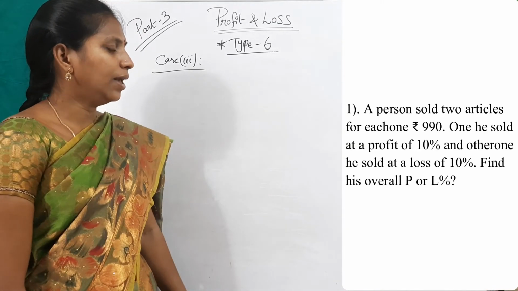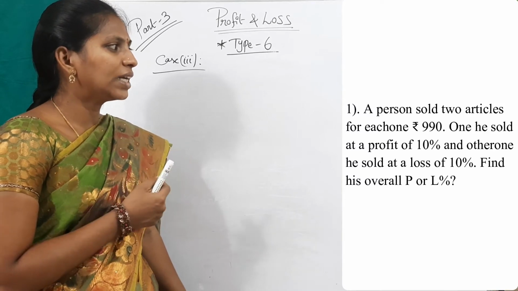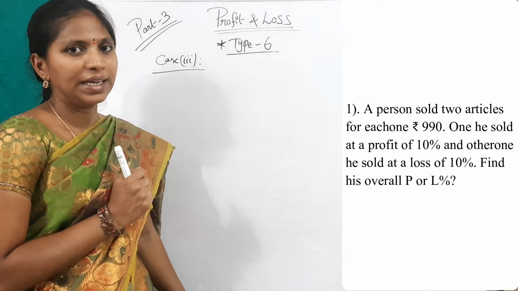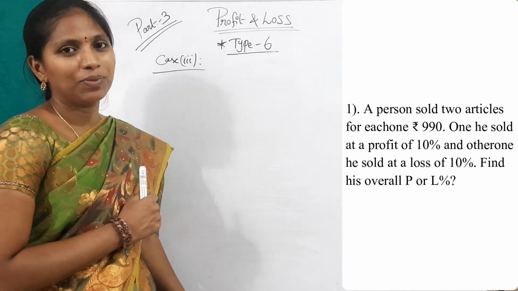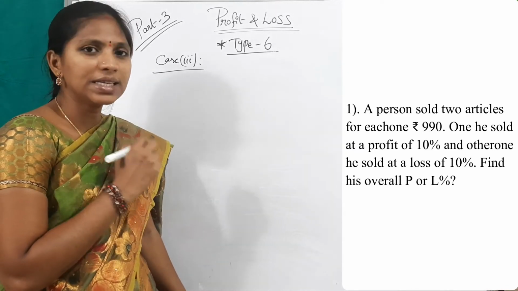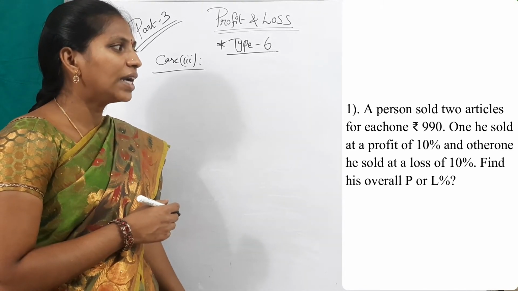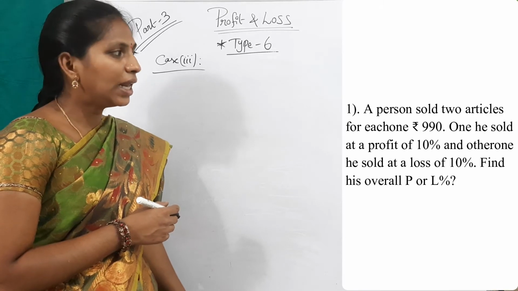Now see case 3, first question. A person sold 2 articles for 990 each. Here the selling price is the same. In case 1 and case 2, the cost prices are the same. But in this case 3, the selling price is the same.